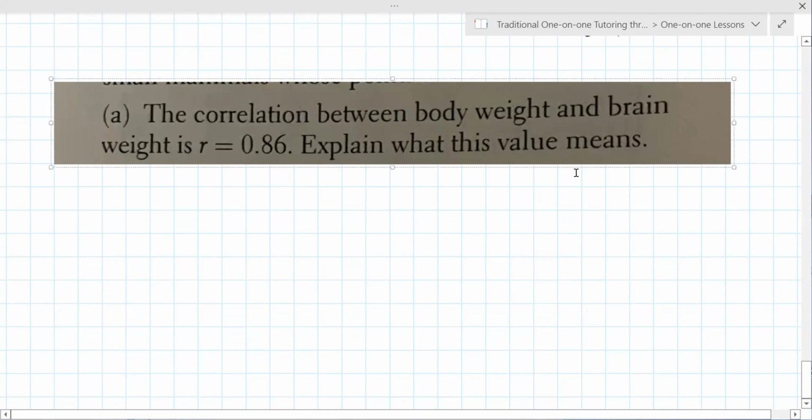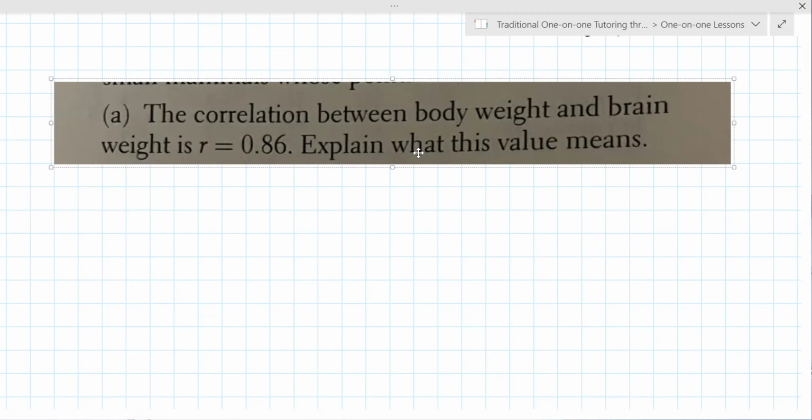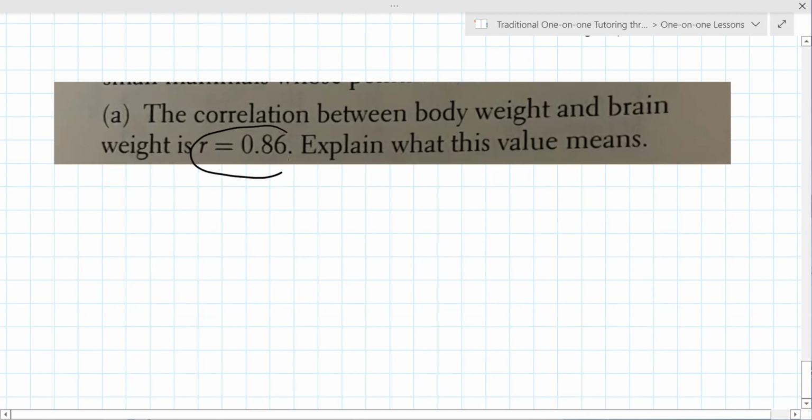Here's another one of those, explain what this value means. They're talking about R. How would you describe R? There are two words they're looking for: weak, moderate, or strong, and negative or positive.